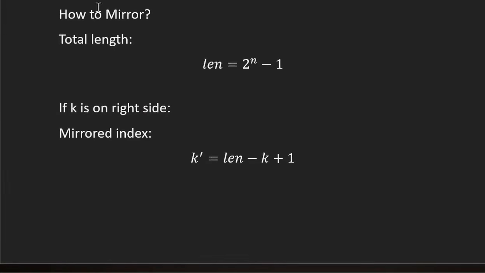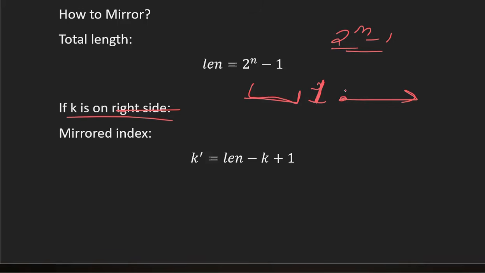As we know, our total length is 2 to the power n minus 1, and if k is on the right side, this is the middle element 1 and this is the left side. So if k is on the right side, it is also a mirror image of the previous string, right?